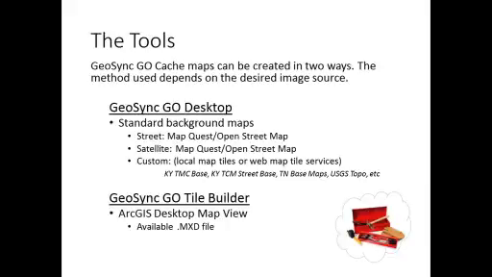Basically in GeoSyncGO Desktop, when we cache, we'll utilize one of those sources to cache a copy of those maps to use as a background.